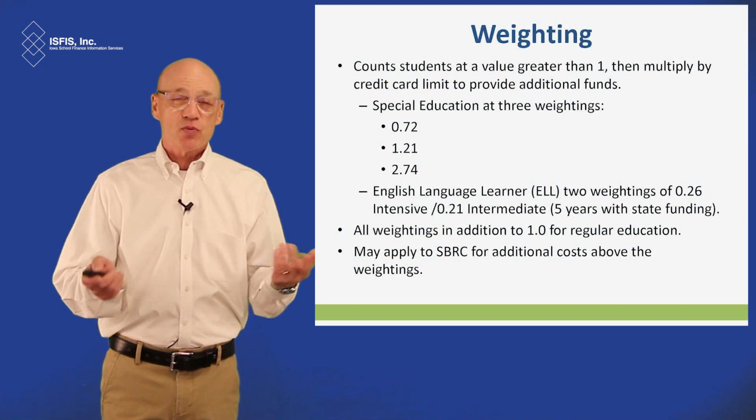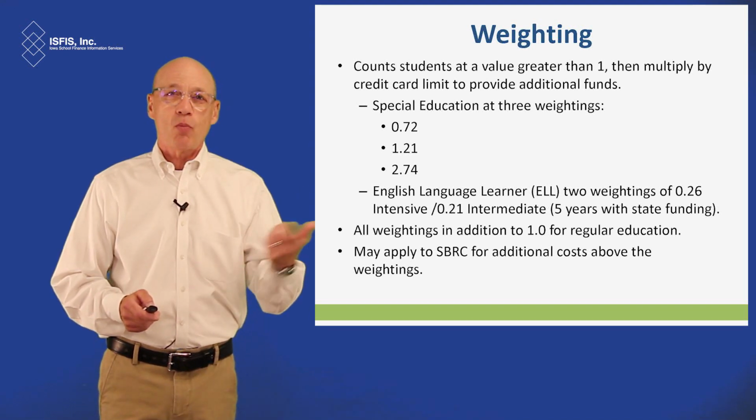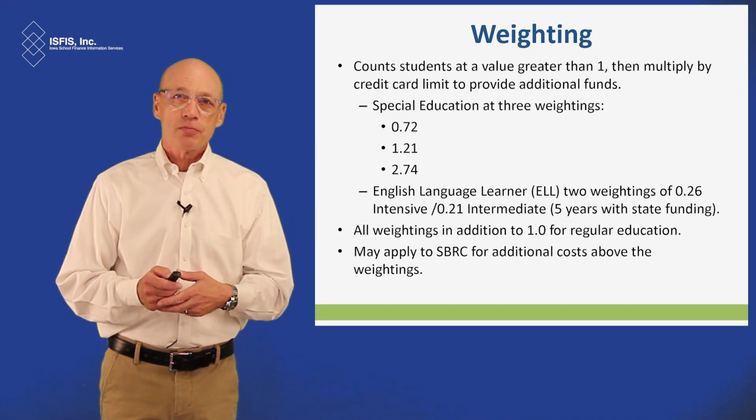Certain students have higher costs than others, and the formula makes an allowance for that by applying what we call a weighting. And a weighting is just simply counting a student at a value greater than 1 times that $7,600 credit card limit. So for example, special education has 3 weightings: 0.72, 1.21, and 2.74.